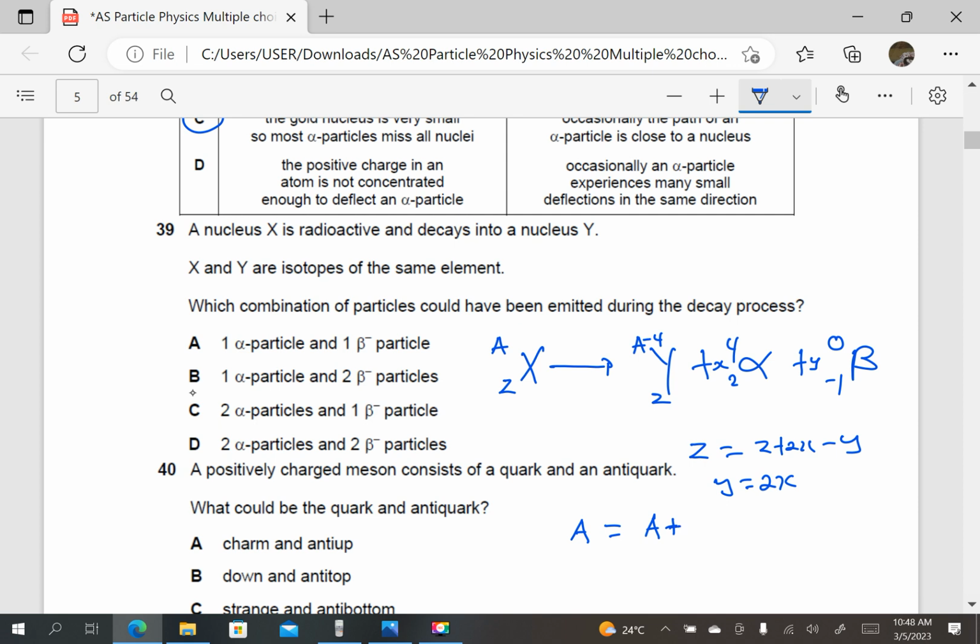So it will be A minus 4 times x, because the other one is going to actually be 0.